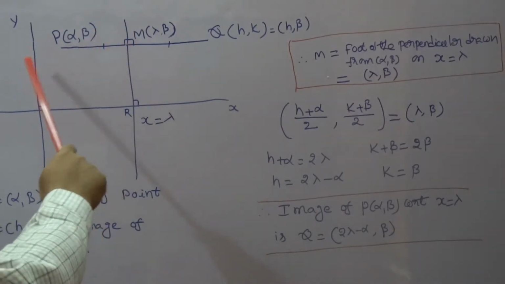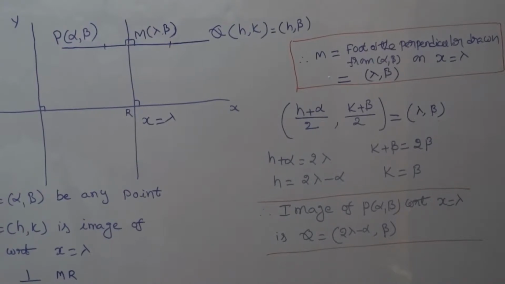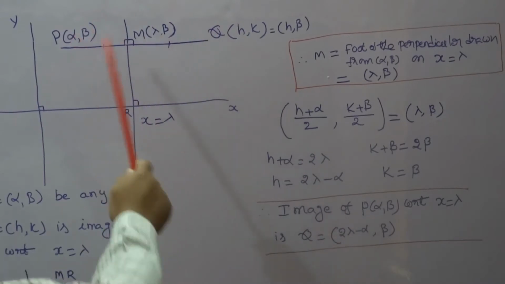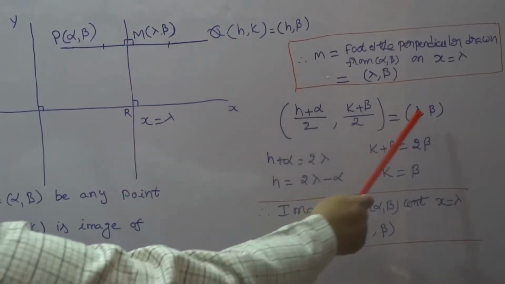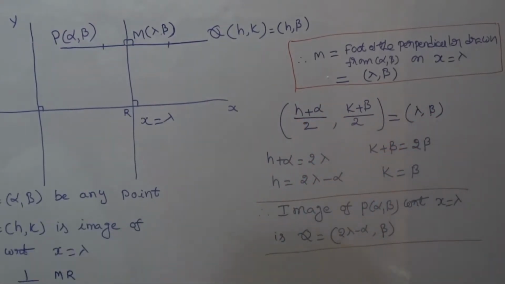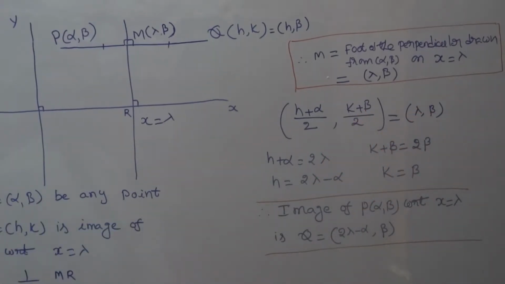Since M is the midpoint of PQ, using the formula (x1 plus x2)/2, (y1 plus y2)/2, we get ((h plus alpha)/2, (k plus beta)/2) is equal to (lambda, beta). So (h plus alpha)/2 is equal to lambda, (k plus beta)/2 is equal to beta.